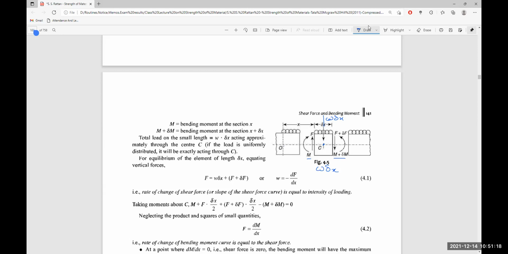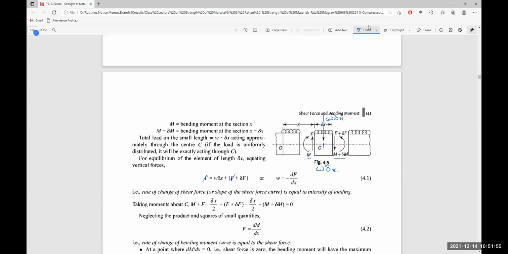So the upward F must be equal to the load in the opposite direction, omega delta x, plus F plus delta F. Here F cancels on both sides, so omega delta x is equal to minus delta F, or omega is equal to minus delta F by delta x, that is minus dF by dx.